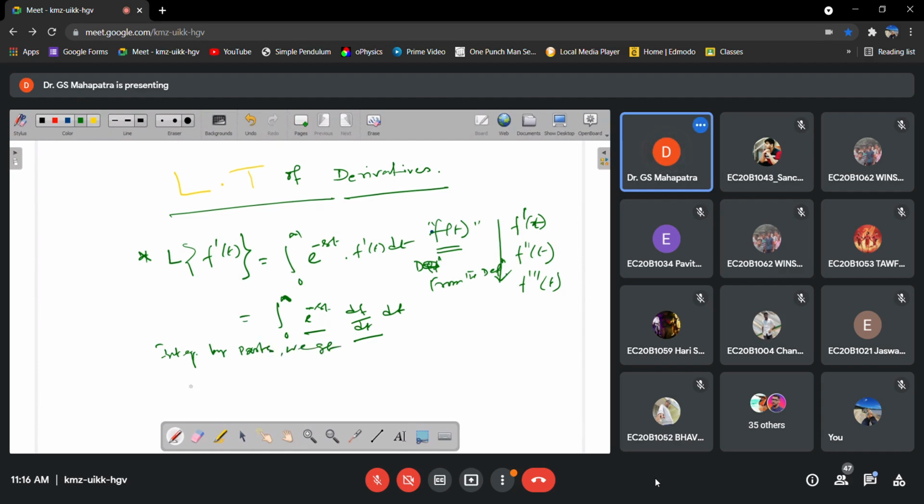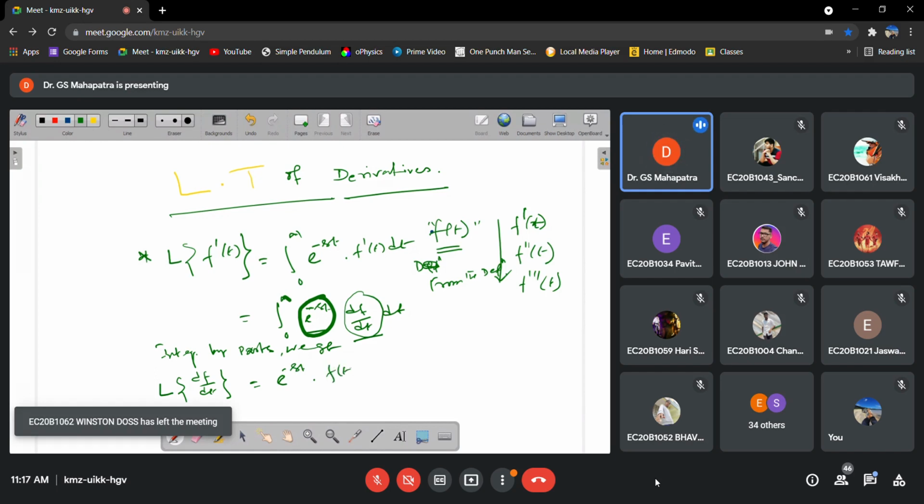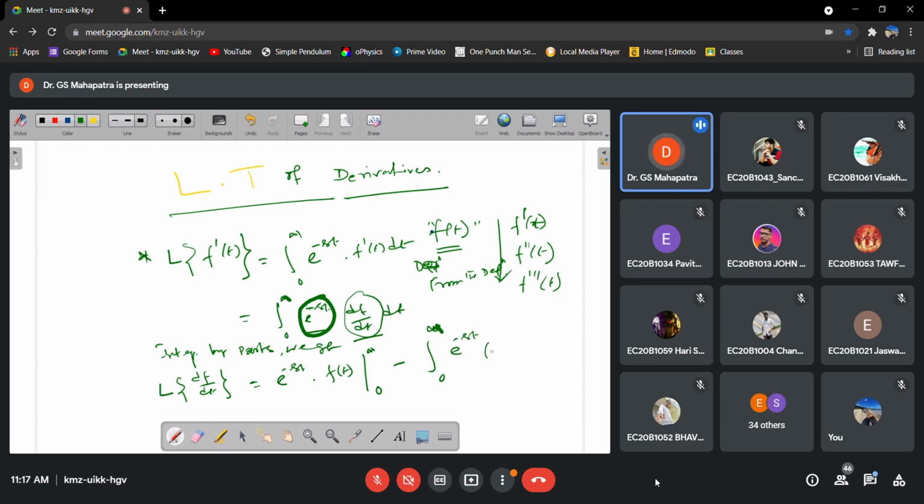We get the Laplace transform of df by dt, that is f dash t, equals: the first function remains the same, and integrate the second. So e to the power minus st into f, since the integral of df by dt is f of t, with limits 0 to infinity, minus the integral from 0 to infinity of the derivative of the first function, e to the power minus st into minus s, t being the variable, times the integral of df by dt, which is f of t.